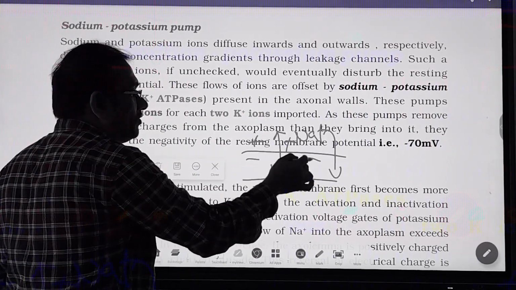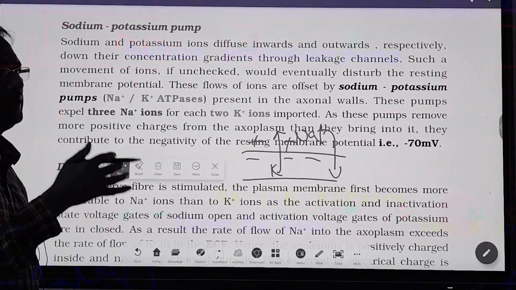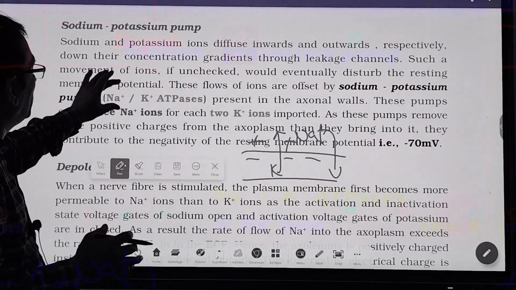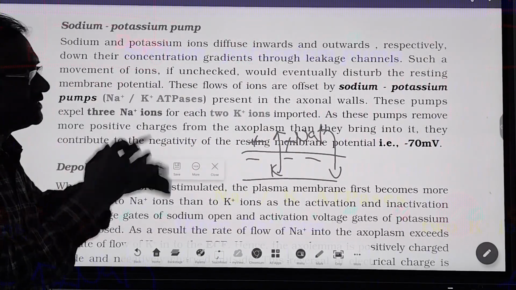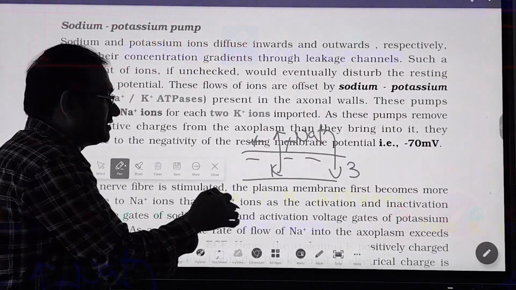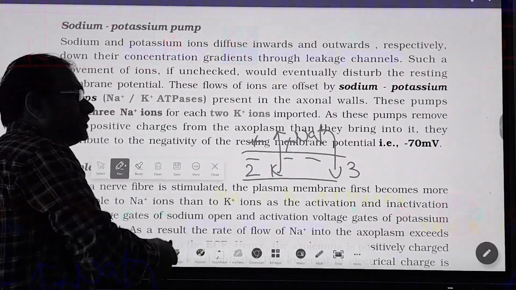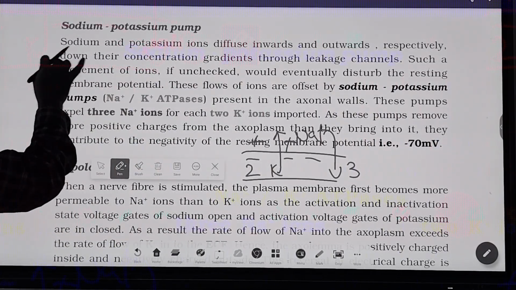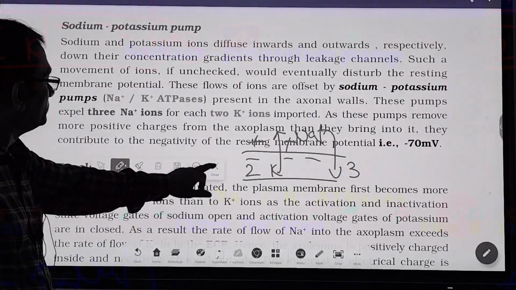How many sodiums and how many potassiums go outward and inward is maintained by the sodium potassium pump. So for every 3 sodium ions, only 2 potassium ions are moved. This maintenance is caused by the sodium potassium pump.